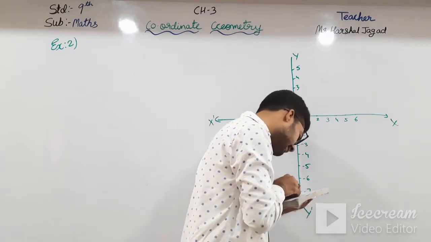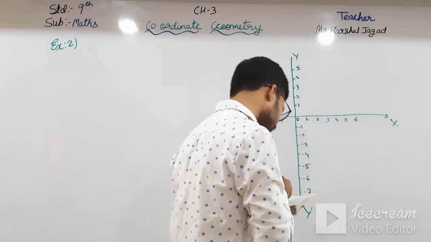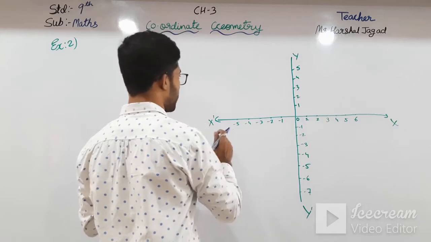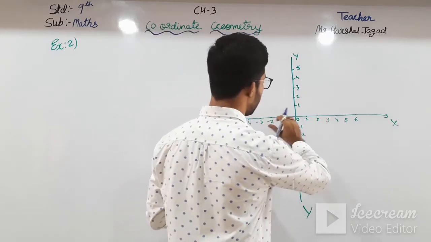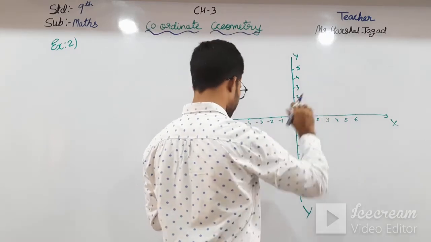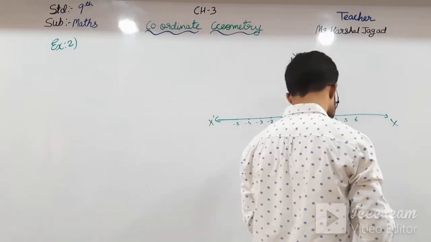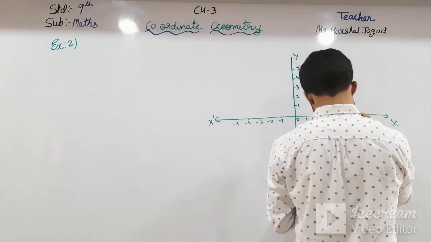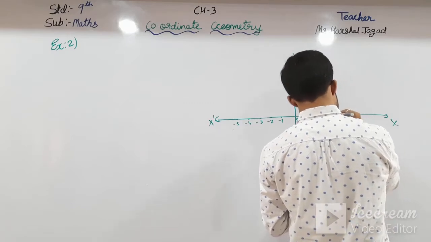Now we will see where the points are. See here, first of all, seeing from the coordinate number 1, let us see where the point is. See here, the first point is A, which is 4.